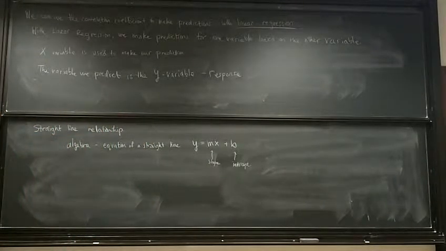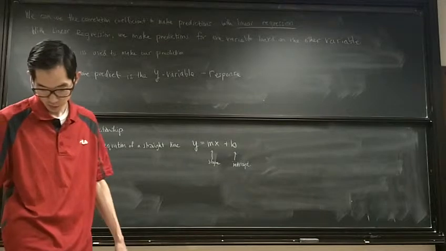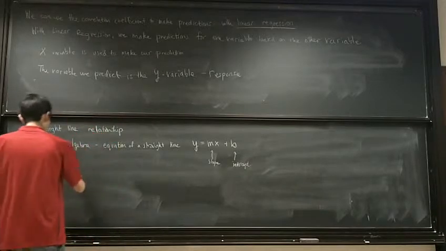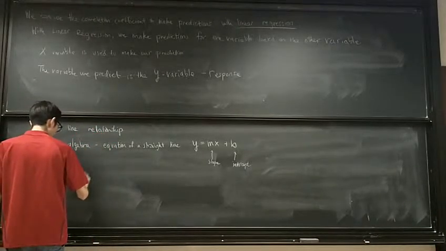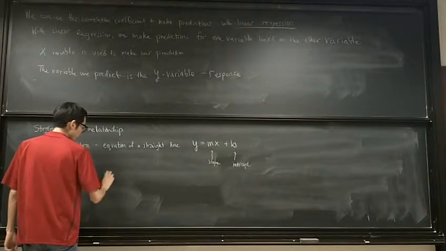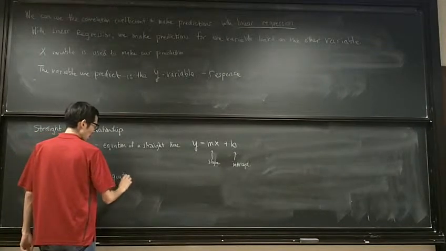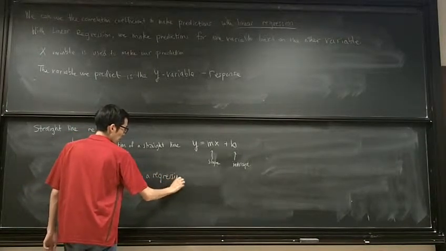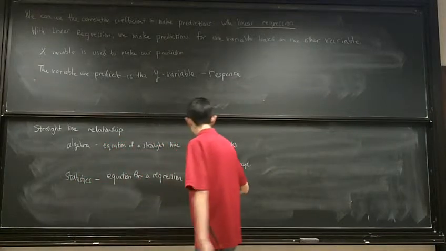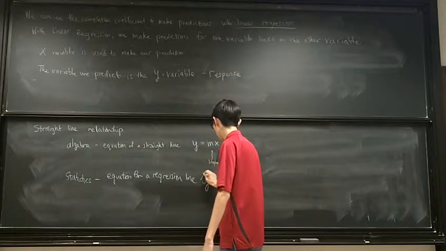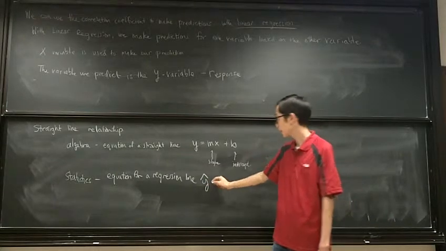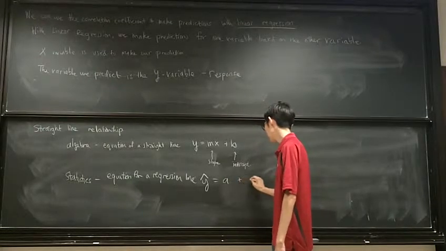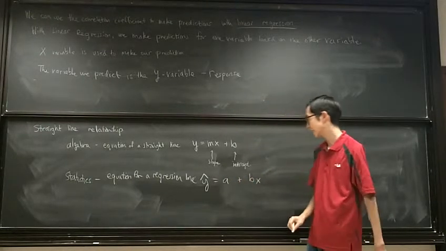Okay. In statistics, we do the same thing, except we change up the letters on you. All right. In statistics, the equation for the regression line is y hat equals a plus bx.